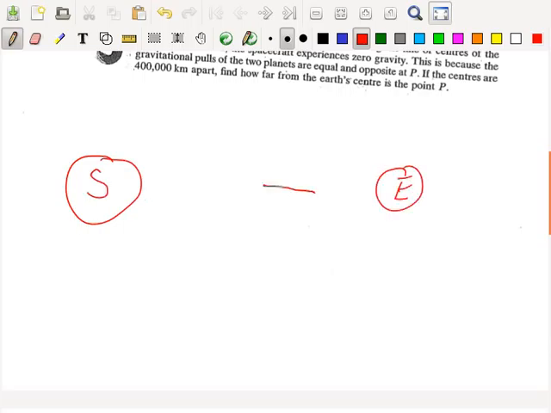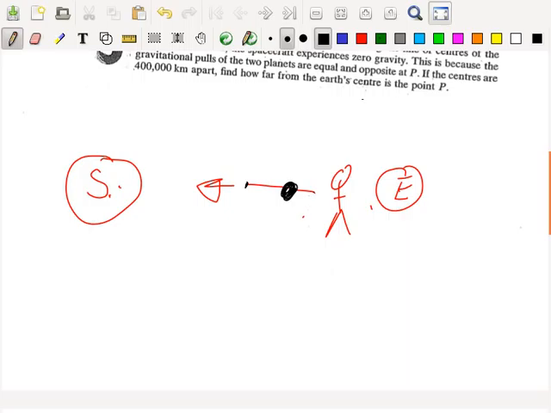If I move this way, the force from the earth gets smaller, but the force from the sun gets bigger. So the further we are from the earth, the bigger the force from the sun. At some place in the middle, maybe more like here, what happens at this special place? They'll be balanced, and you just float.